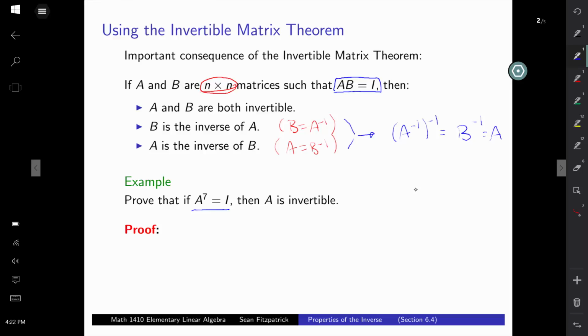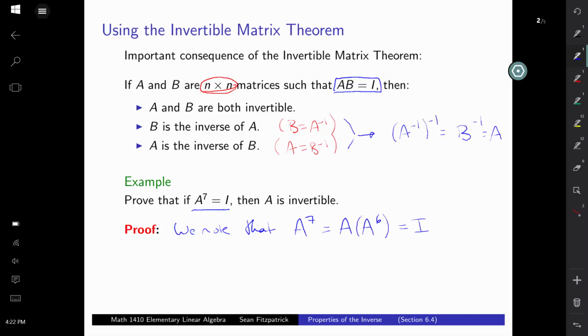Well, if you know your laws of exponents, we know that A to the seventh is A times A to the sixth, right? A is A to the 1. So if we do A times A to the sixth, that by definition is A to the seventh. But we also know that A to the seventh is the identity.